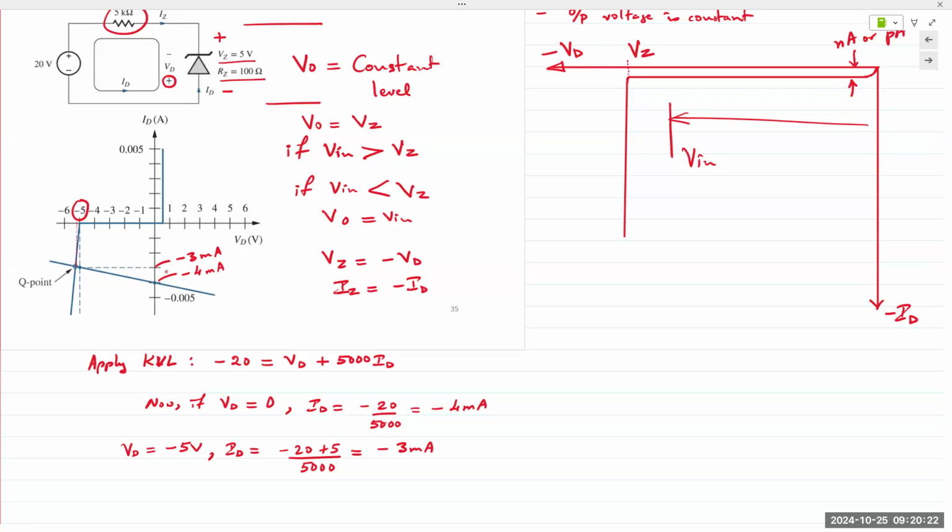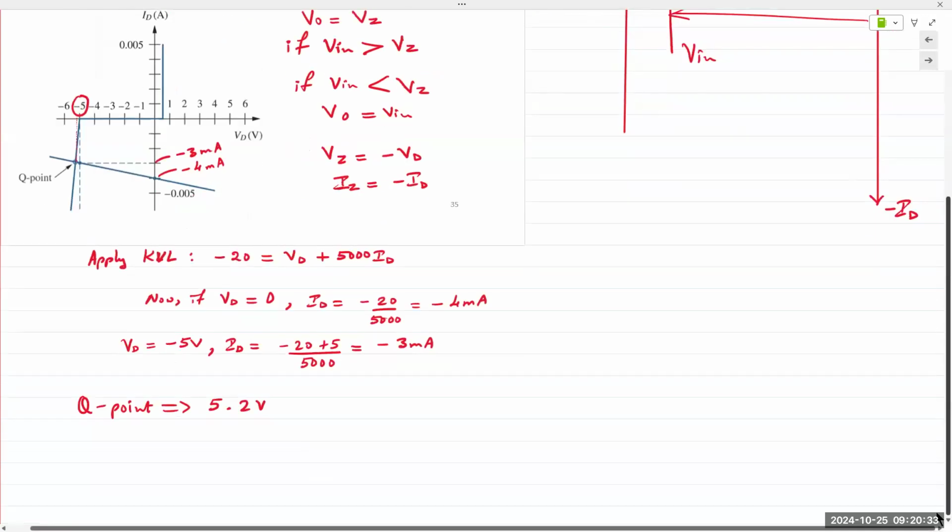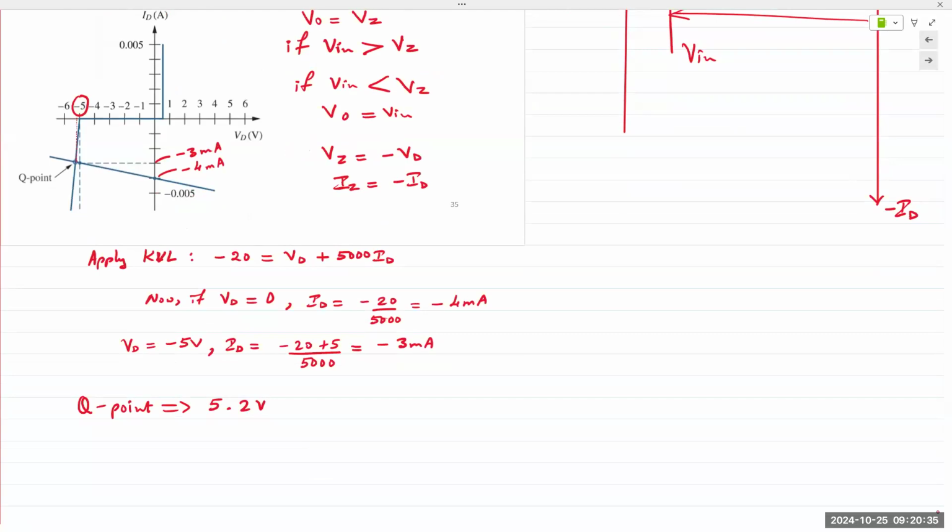So the Q point is at 5.2 volts. And then the current is slightly less than 3.